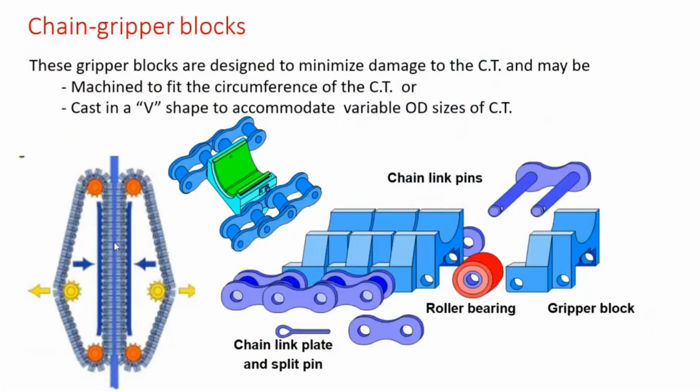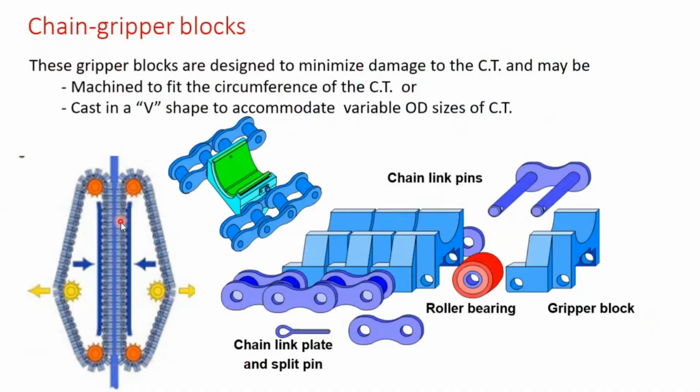As we saw in the video, the gripper blocks are on the outside diameter of the chains, so when the rotation completes, the gripper block will grip the pipe. On the other side, we have two sets of chains, two drive sprockets and two idle sprockets, to complete our cycle and grip the coil tubing pipe between them.